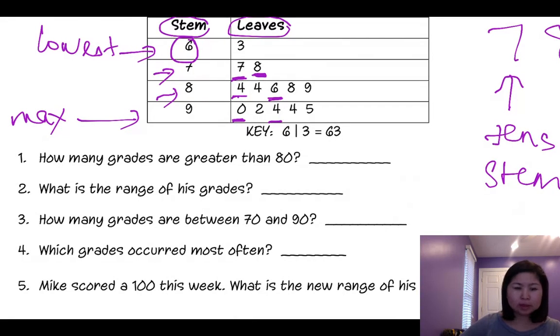So let's look at number one. How many grades are greater than 80s? So think about 80s as these values right here. Okay, so I see you put 10, okay. How do we know that is 10?